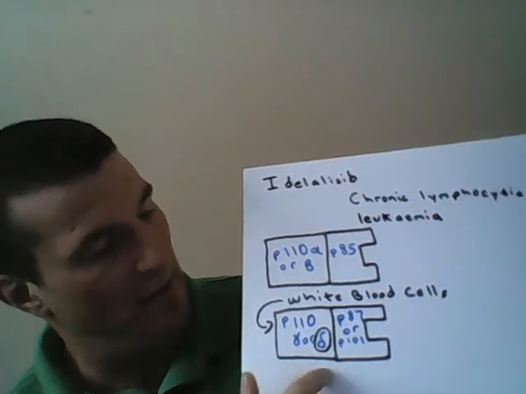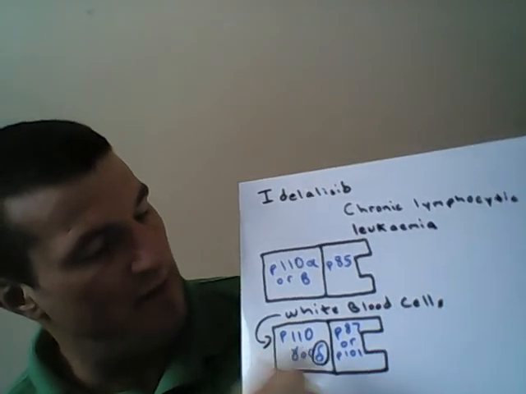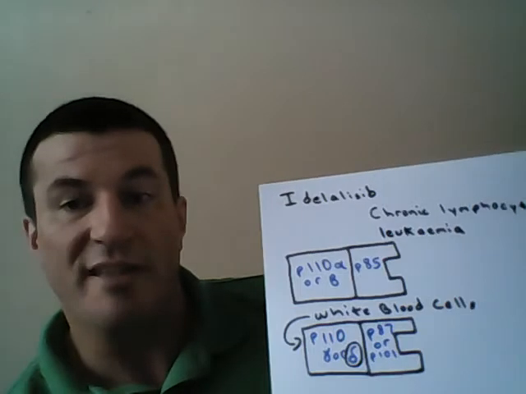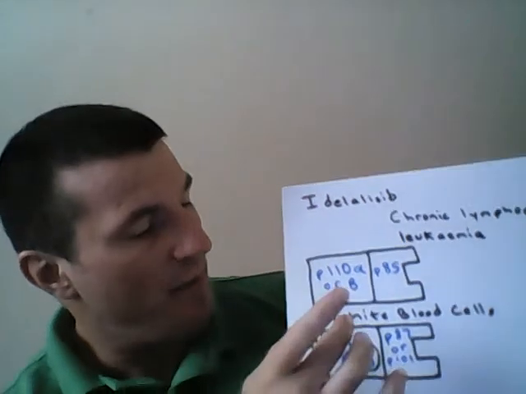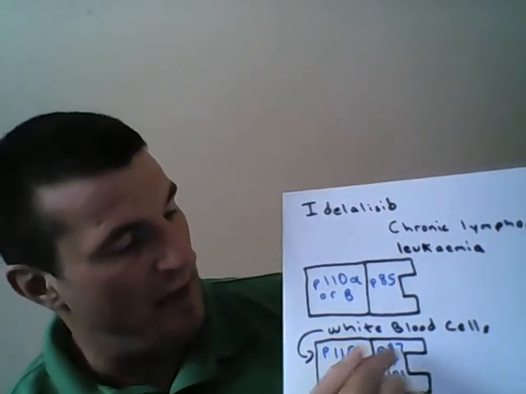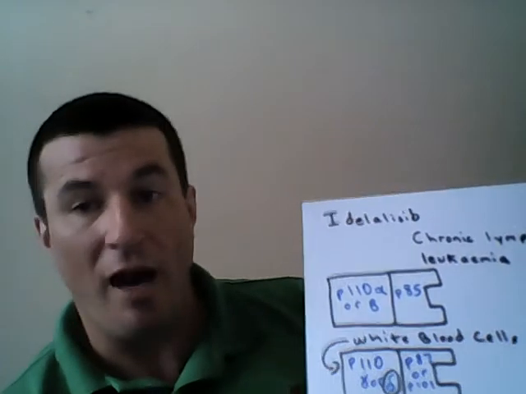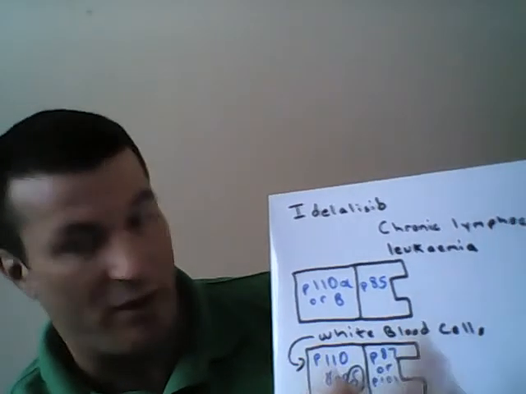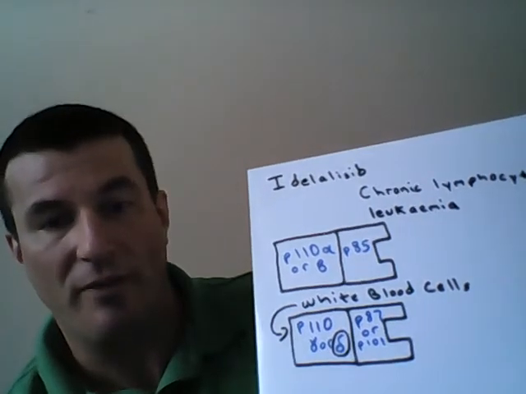This catalytic portion is P110 gamma or P110 delta in white blood cells only, so it makes it different from the rest of the body. Also, its regulatory portion is either P87 or P101, not P85. So the mass of its regulatory portion over here is also slightly different.